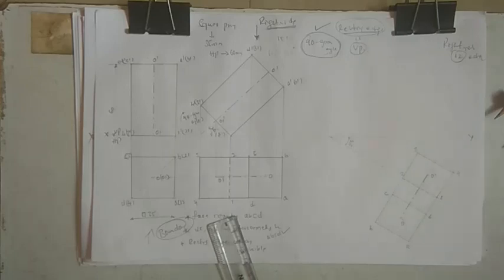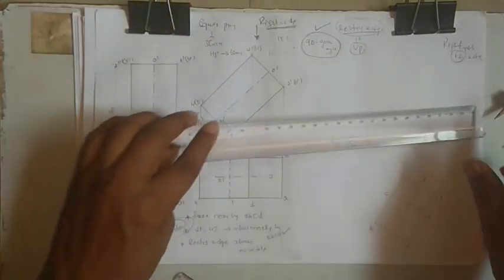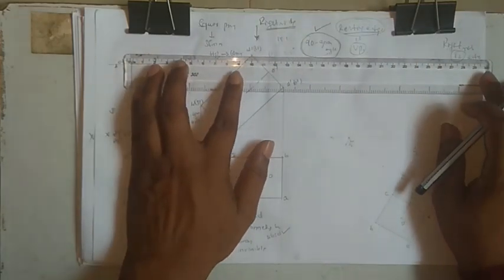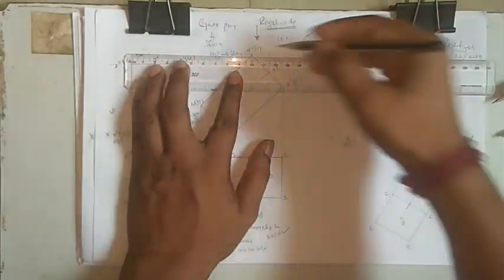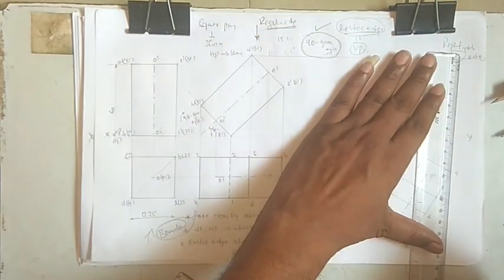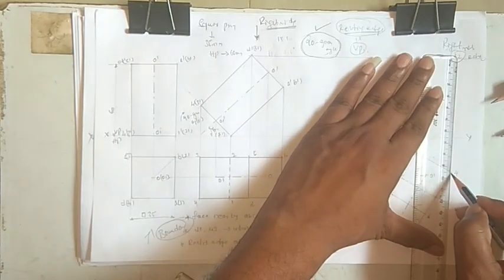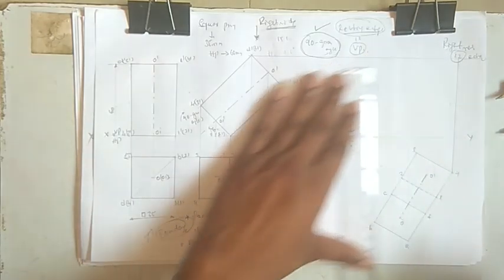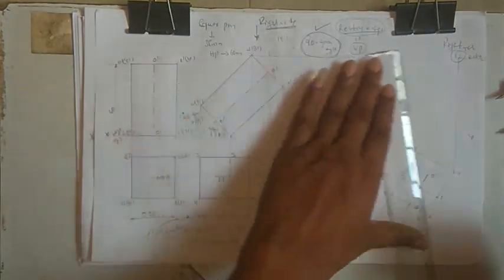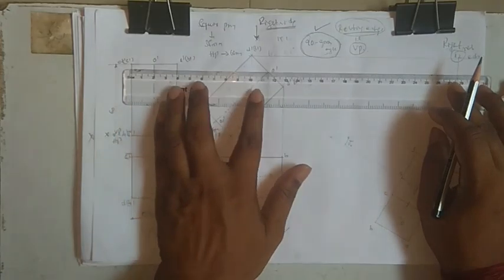Okay, so once this one is done, now just trace the projections. We'll take the topmost and the rightmost. Now both are the same, so what we can do here, we'll have the horizontal lines.